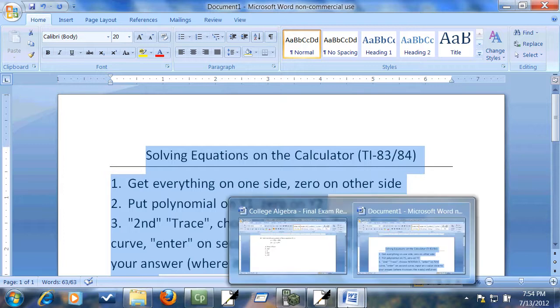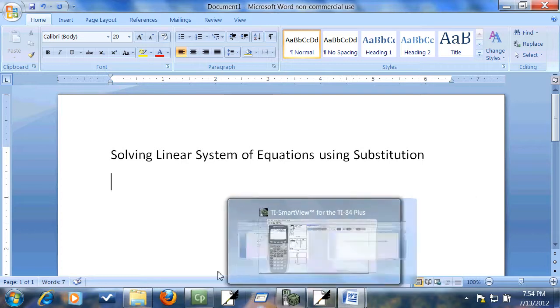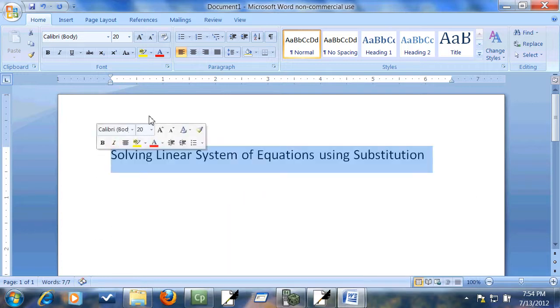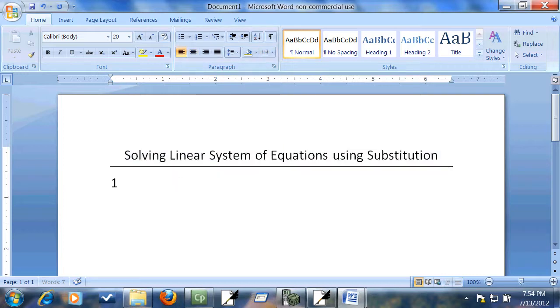So let's solve a linear system of equations using substitution. Step 1. Solve one of the equations for one of the variables.